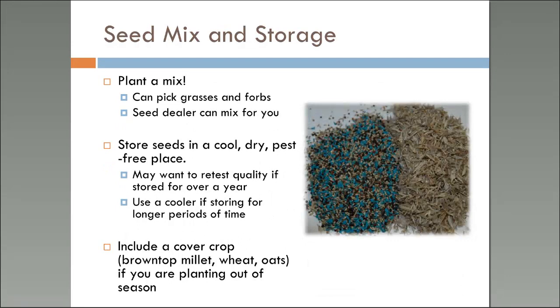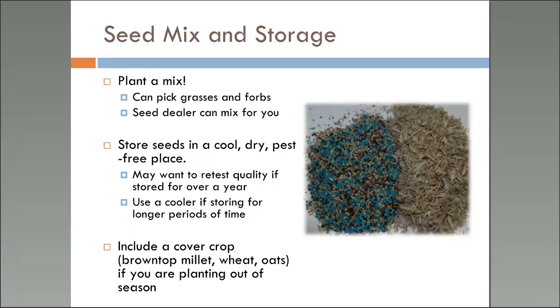So when you buy a mix, we encourage you to plant a mix because it'll help your site be more successful. So it's a little more resilient. When you purchase plants, you're going to not only pick a mix of grasses and forbs, but you'll also want to get early seral stages and later seral stages. So sometimes we say an early successional stage, a mid-successional stage, and a late successional stage.